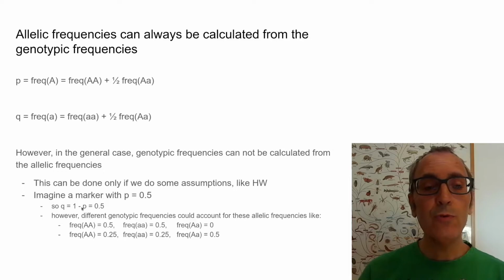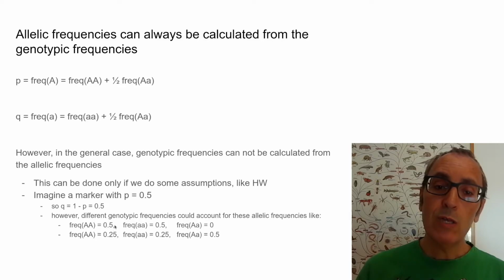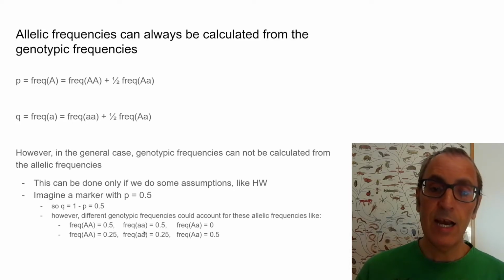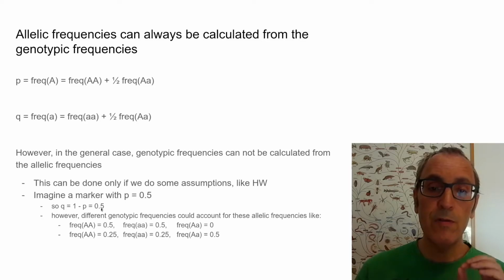Now, which would be the genotypic frequencies? We don't know, because we can have different possibilities. For instance, we could have a population in which we only have homozygous individuals. In this case, the genotypic frequency would be 0.5 for capital A, and 0.5 for lowercase a, and 0 for the heterozygous. And this population would have an allelic frequency of 0.5.